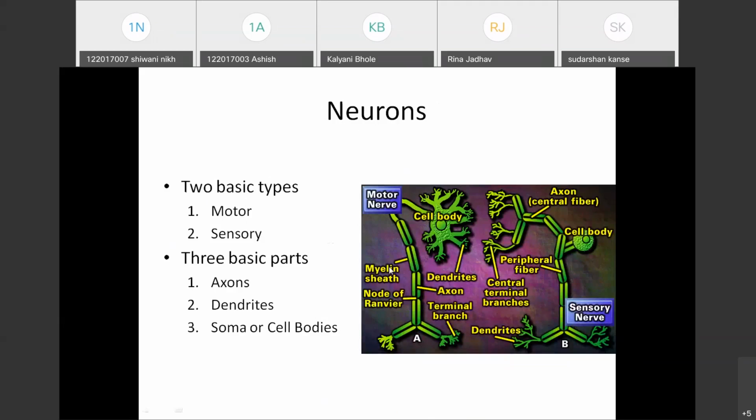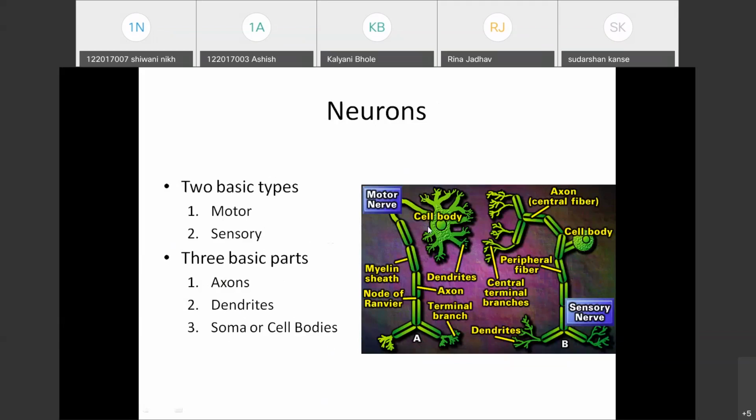And the sensory is nothing but which senses and sends the sensory information back to the central nervous system. That's why, based on their function, they are divided into two types. And it has three main parts: axon, dendrites, and the soma, or cell body.